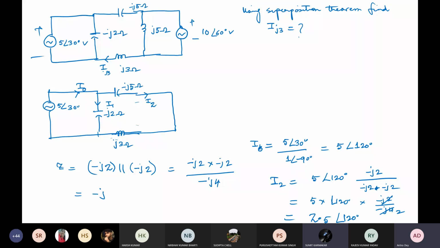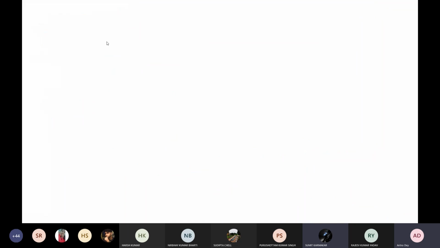And in the next step, what will happen? In the next step you will replace the other source and take 10 angle 60, and at that time the capacitive reactance minus j2 will vanish. So we'll just redraw it.